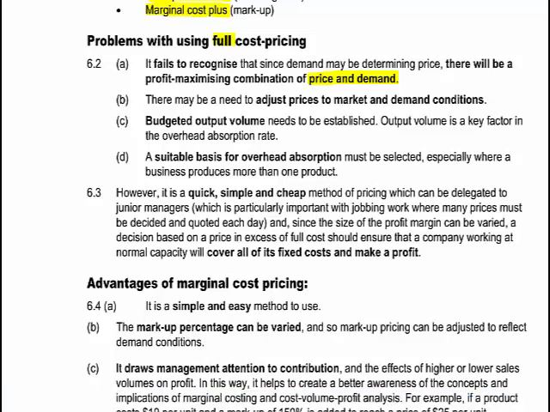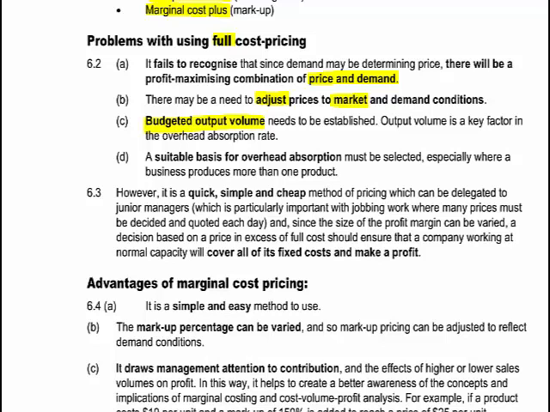If we just add a total cost to the price of a unit, we're failing to take that into consideration. And after the price has been calculated, it will still need to be adjusted to reflect what consumers are prepared to pay and also the market conditions. So thinking about what competitors are charging. What we've got here is a starting point, but it's not necessarily going to give us the end price.